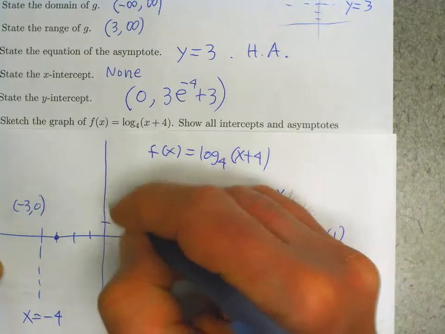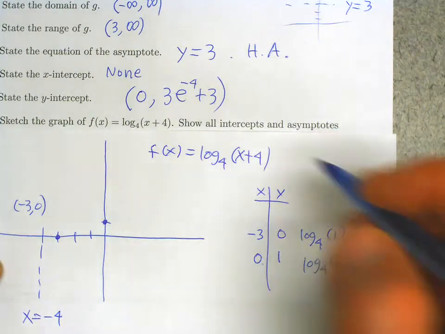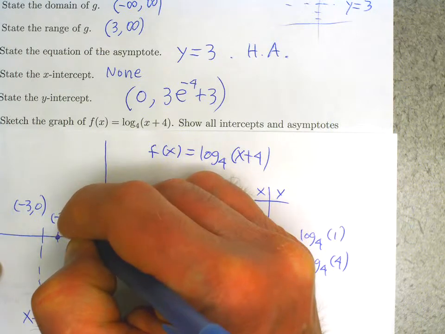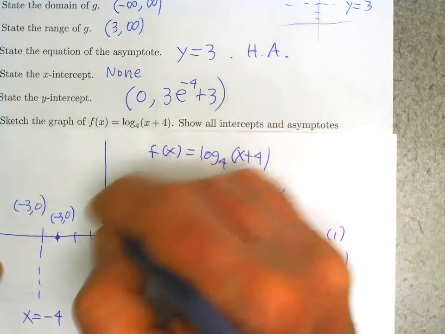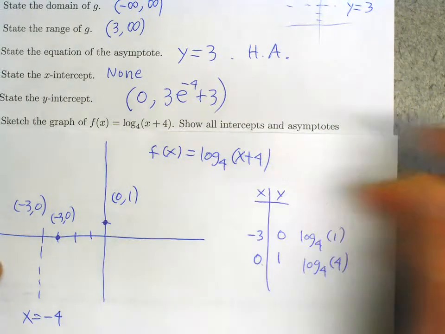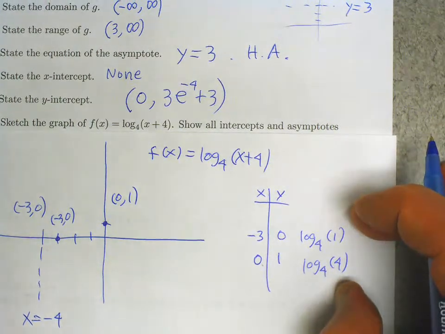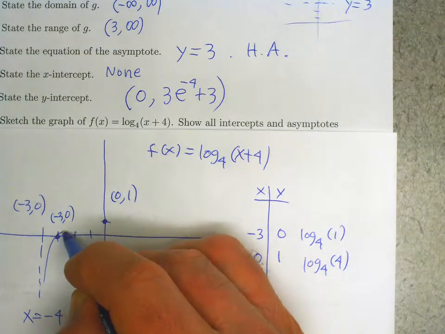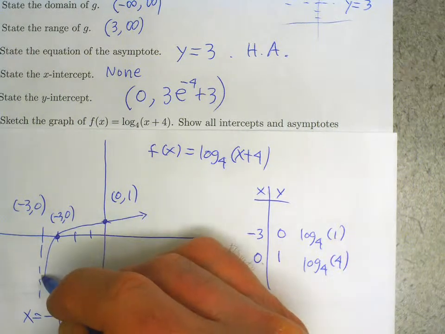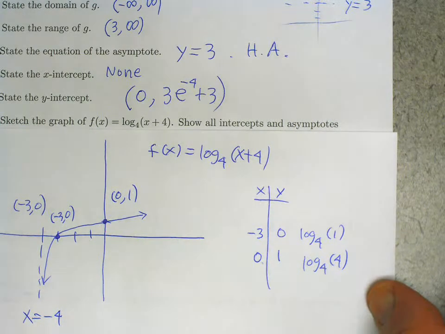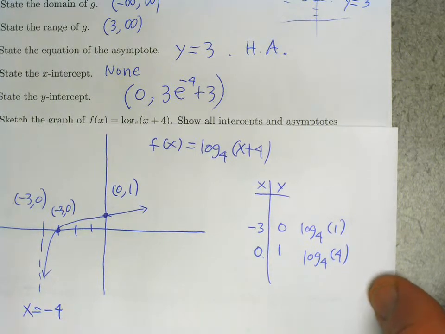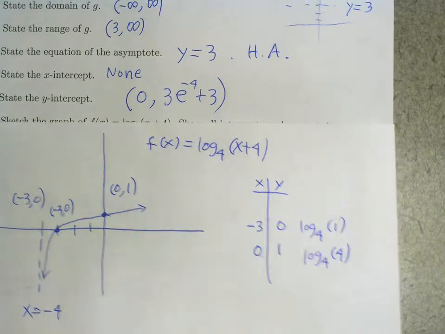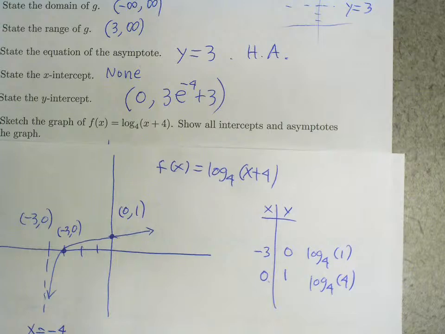So 0, 1 is the y-intercept. So this is -3, 0, and 0, 1. And so we know the graph is going to do something like that. Okay, let's move on to the next part.